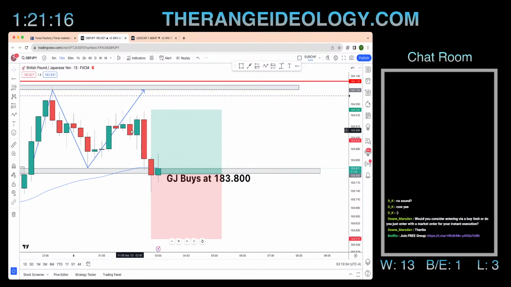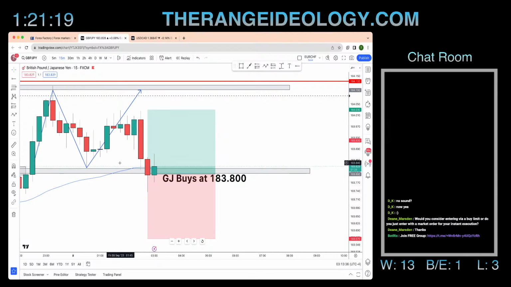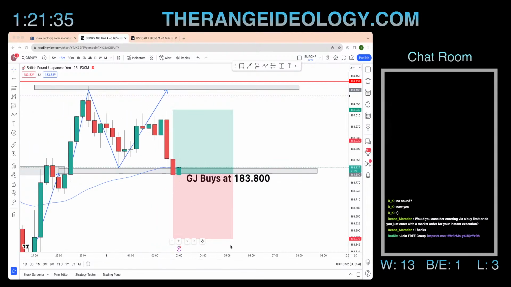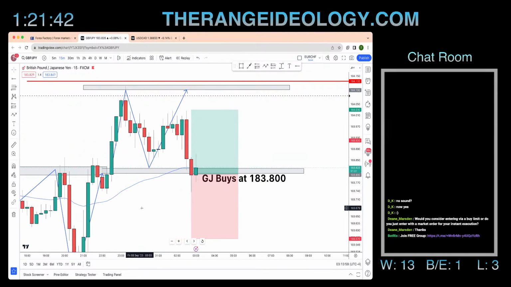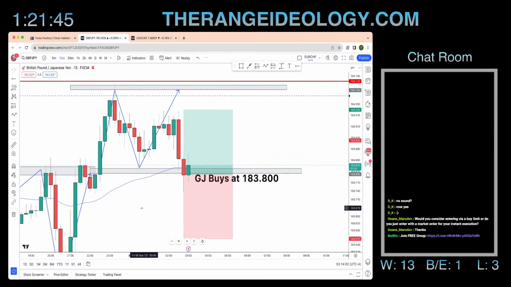All right, let's see if we get a strong push here. Can the price close above the EMA? Got just under 2 minutes left. It's a very close call here. Just under a minute left.